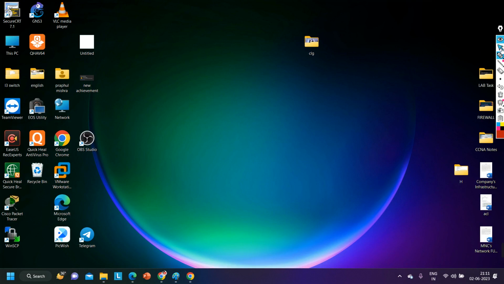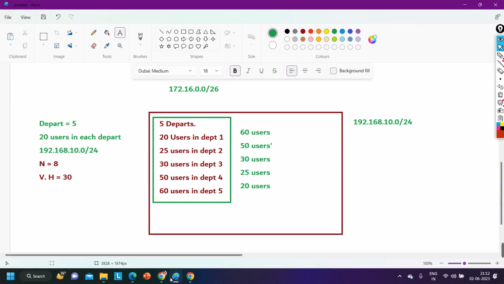Okay, leave it, the pen tab is not working now. I will check it later. Okay, so first I will perform subnetting for 60 users.